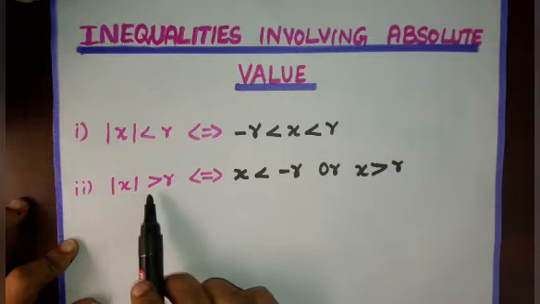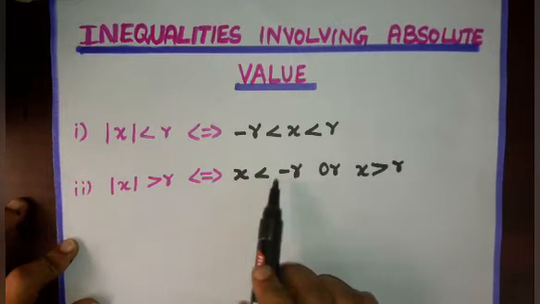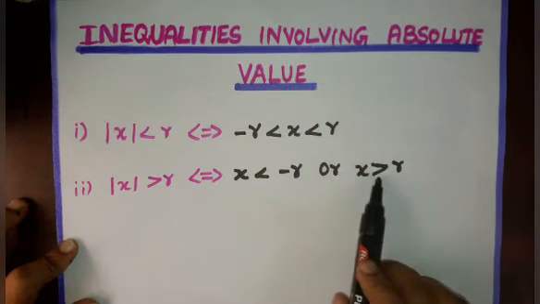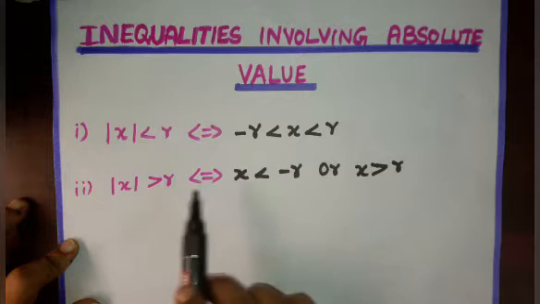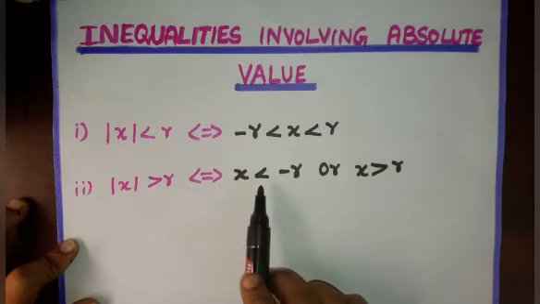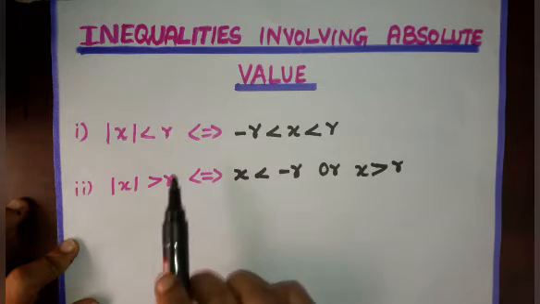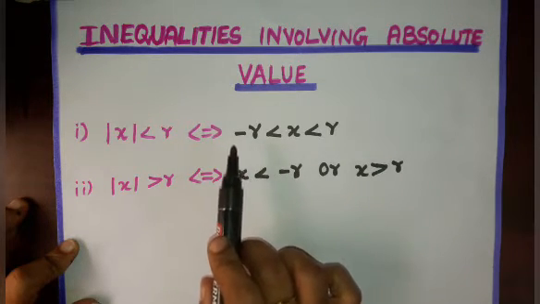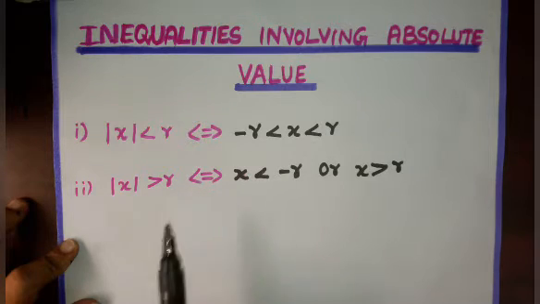Case 2: modulus of x greater than r if and only if x less than minus r or x greater than r. Modulus of x greater than r means x lies outside minus r and plus r. So remember, less than means it lies inside, greater than means it lies outside.